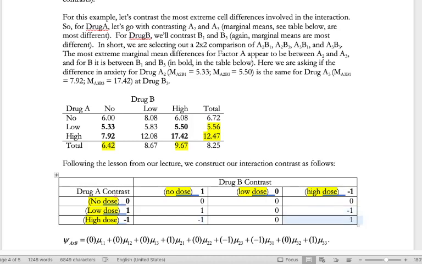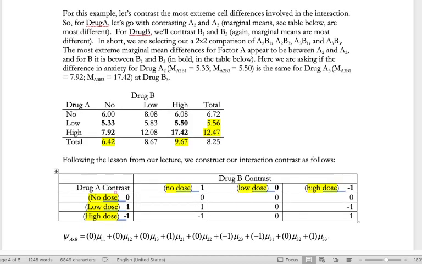So that gives us what the contrast should be for each cell. Contrast coefficients, I should say. And you can see it's written out here for you as well. So the contrast coefficient for 1, 1 is 0, 1, 2 is 0, 1, 3 is 0, 2, 1 is 1, 2, 2 is 0, 2, 3 is negative 1, 3, 1 is negative 1, 3, 2 is 0, and 3, 3 is 1.